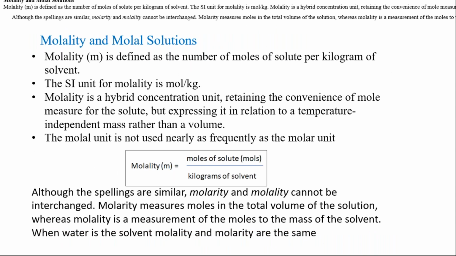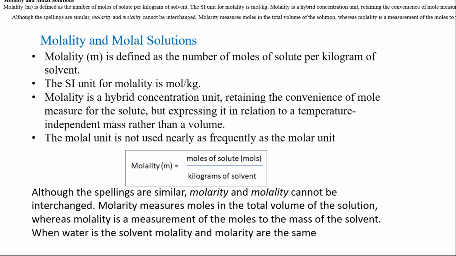Then you have a concentration which is very similar to molarity, which is molality, and molal solutions. The definition of molality is: if 1 kilogram of solvent contains 1 mole of the substance, it is known as a 1 molal solution.